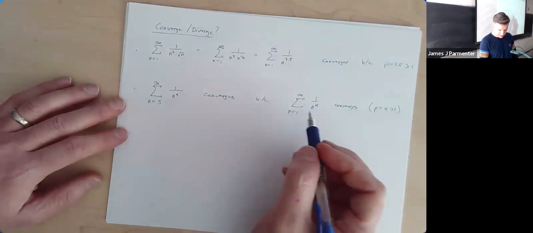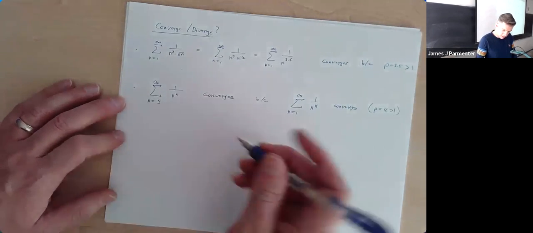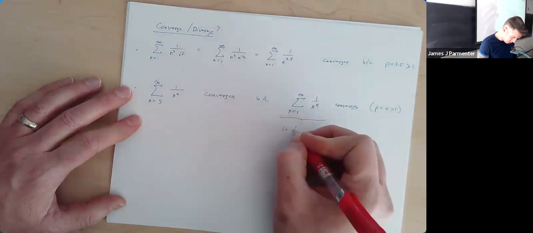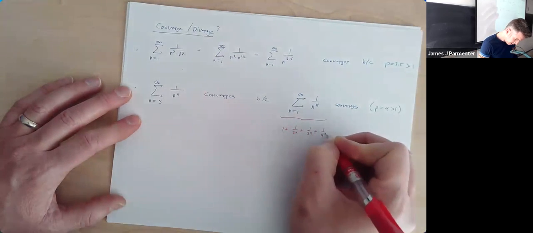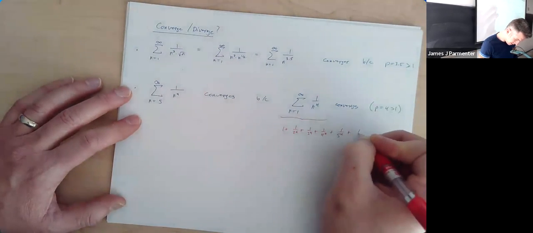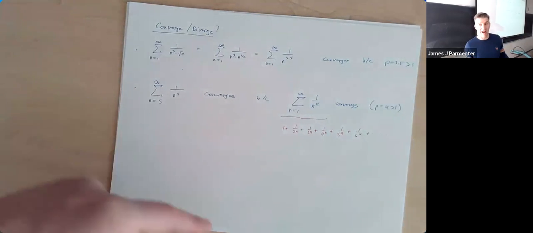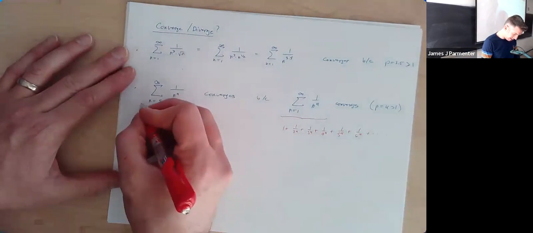And then, if this converges, this thing that has fewer terms in it also must converge, right? This here is 1 plus 1 over 2 to the 4th, plus 1 over 3 to the 4th, plus 1 over 4 to the 4th, plus 1 over 5 to the 4th, plus 1 over 6 to the 4th, forever and ever. And what we're saying is that converges, or adds up to some finite number. And all we're saying over here is, well, I've just got fewer terms.